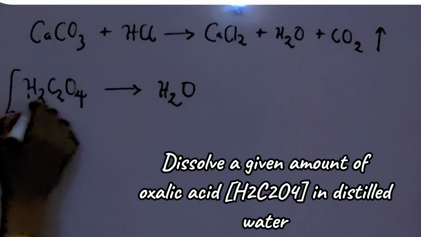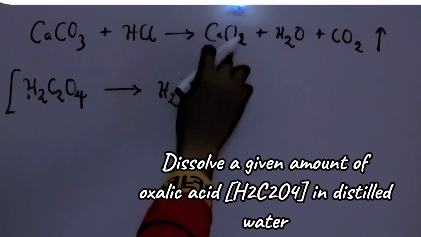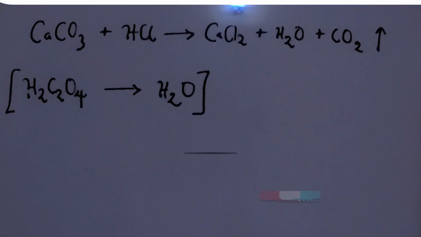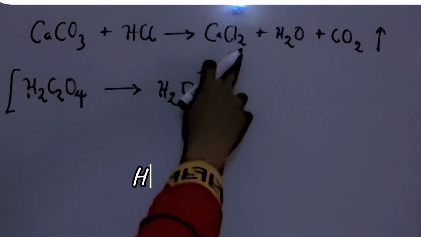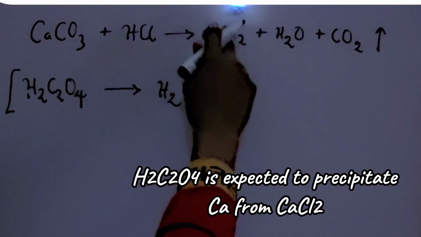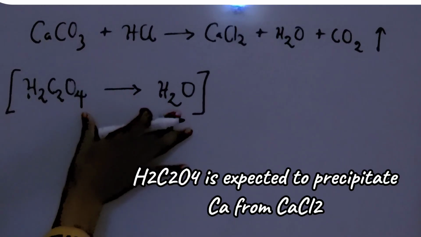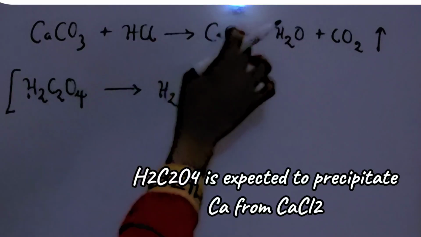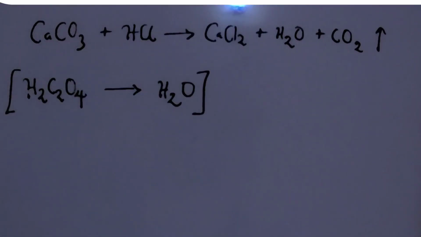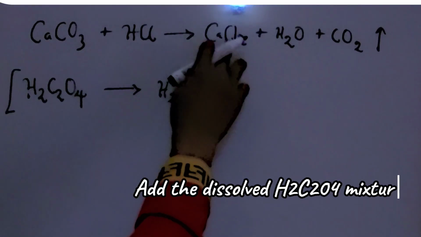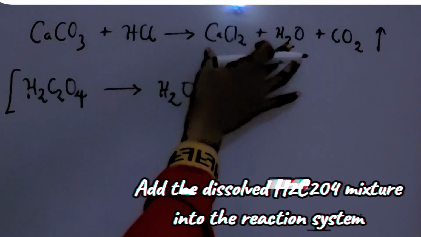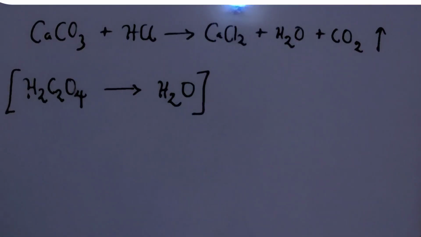Now, what you want to do is precipitate the calcium from the calcium chloride, because this is a soluble form of calcium. So you're going to add this oxalic acid solution into equation 1, into the reaction vessel containing this effervescence.